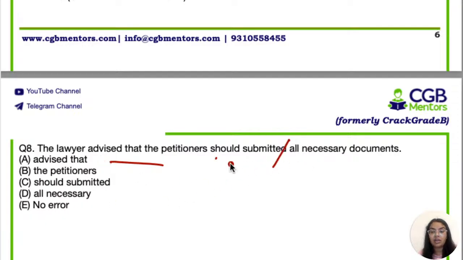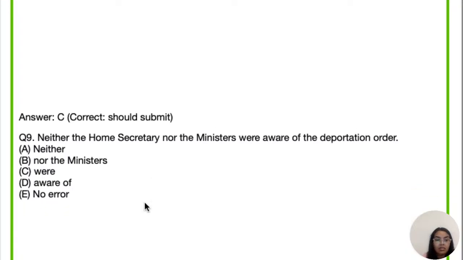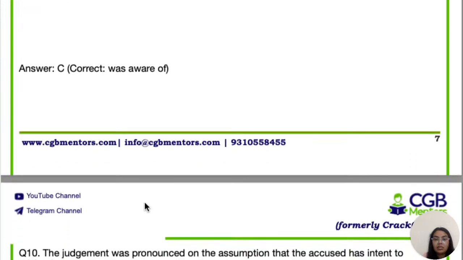Any modal verb will always take the verb in its first form. Ninth has no error.